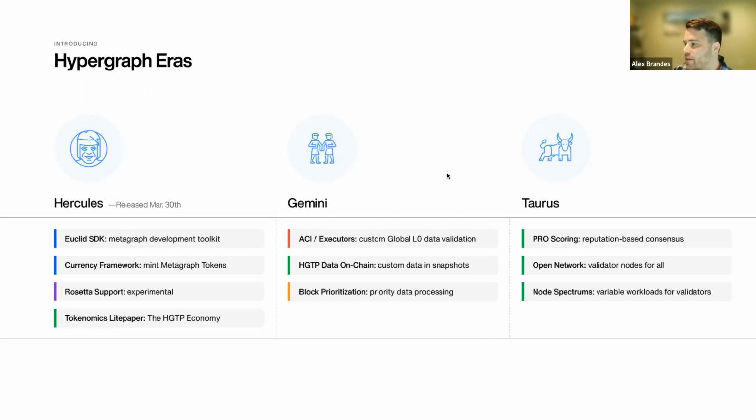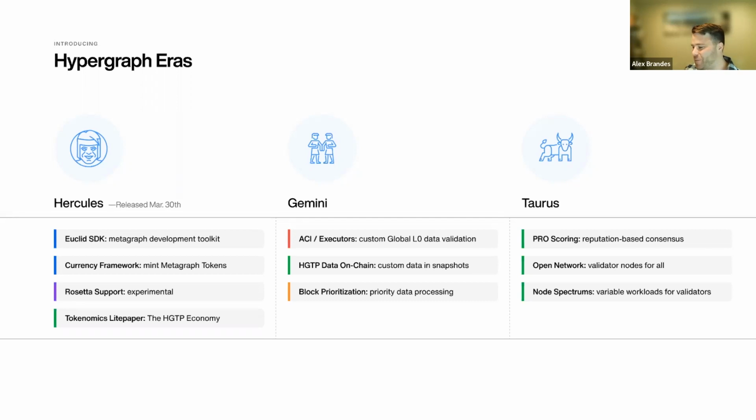And then the next era, Taurus, will unlock pro scoring, allow us to open the network, and the concept of node spectrums, which is the concept of allowing validator nodes to process variable workloads based on what kinds of data they're processing, and be rewarded for that in variable ways also.